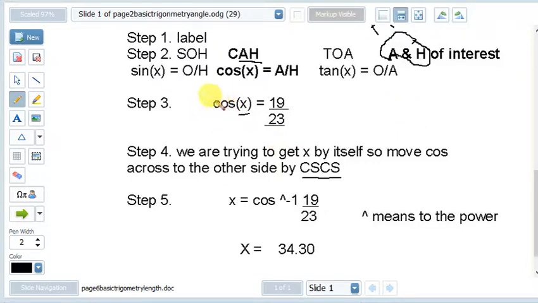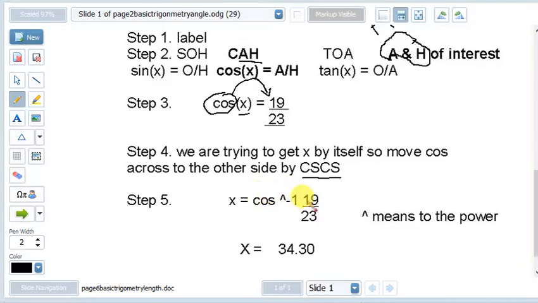So in this case here, we've got a cos on this side. We're trying to get the x by itself, so we move the cos across to the other side and it becomes the opposite of cos, which is cos to the power negative 1. And that's what this little upside down triangle means.